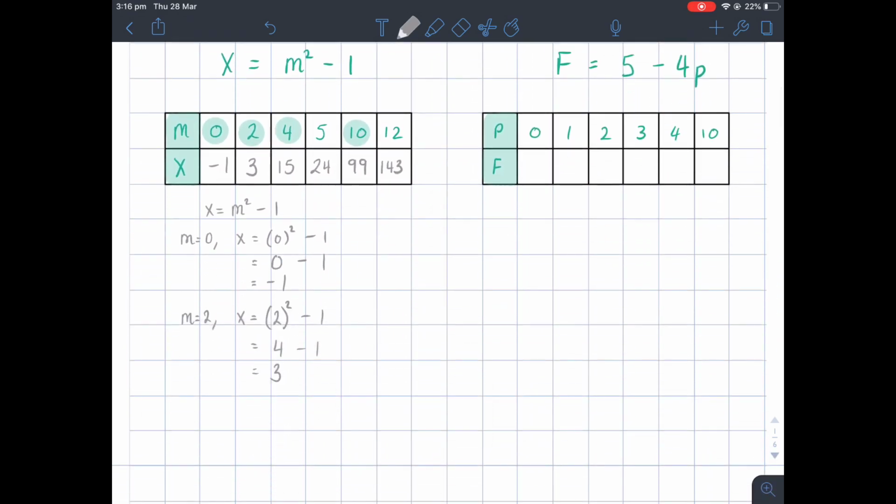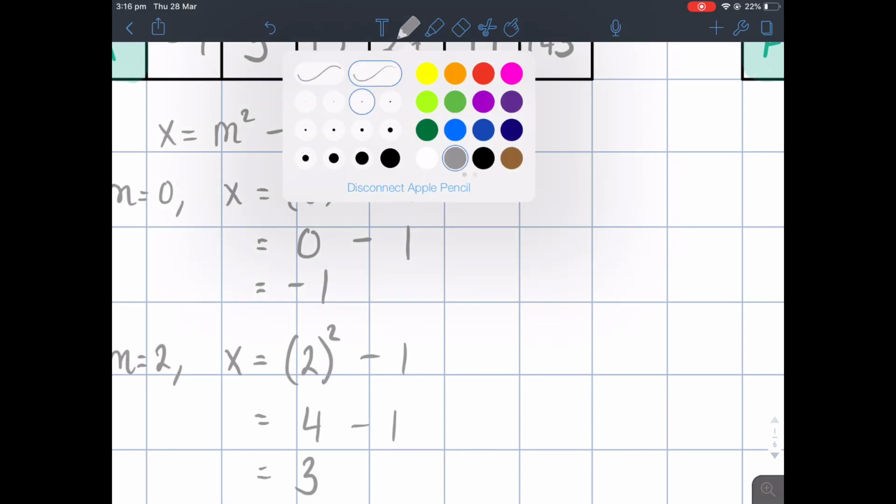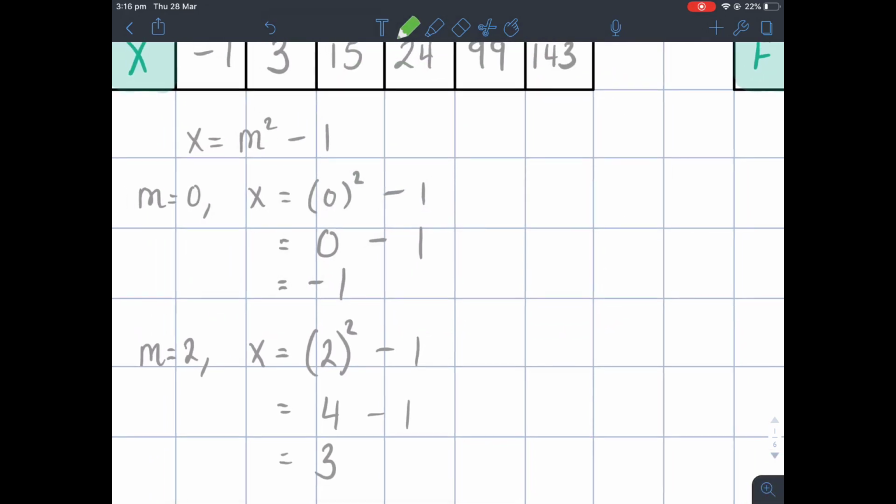Now, you might be wondering why we use brackets down here, and we're going to go a few steps ahead really of where we are at the minute, but just to show you what would happen when m is negative. So let's say that m equals minus 3. So that means if we use the same formula, x equals m squared minus 1, we get x equals. Now, because we've got a negative, this is where the brackets become important.